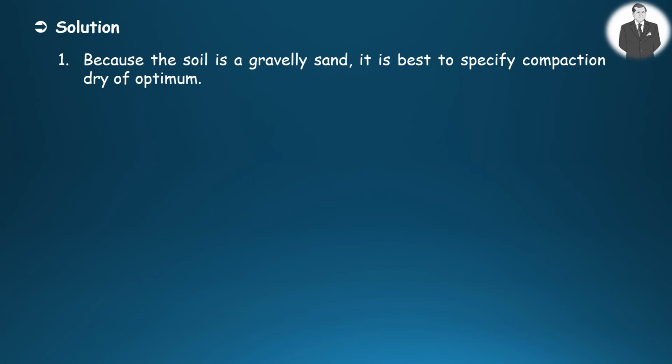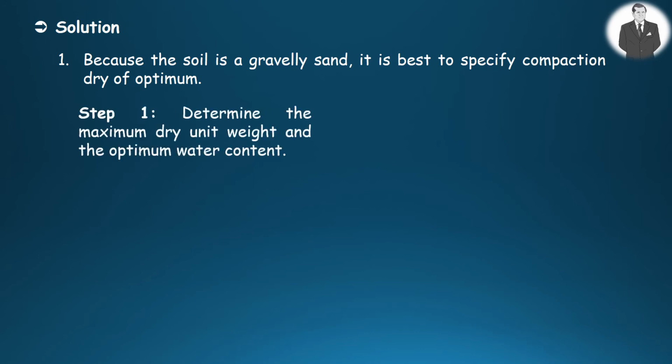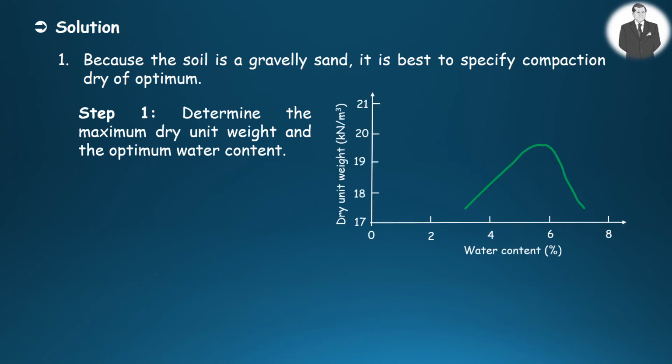Because the soil is gravelly sand, it is best to carry out compaction on the dry side of optimum water content. The first step is to determine the maximum dry unit weight and optimum water content.